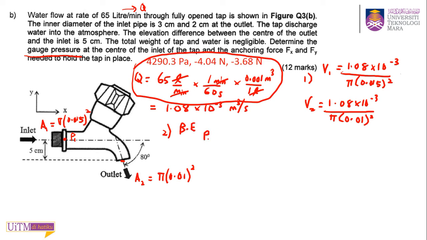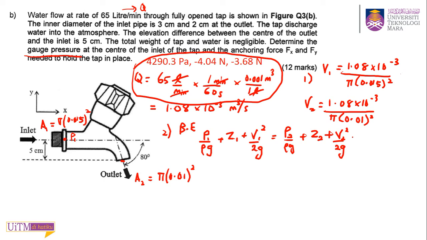Okay, P1 over rho G plus Z1 plus V1 squared over 2G equals P2 over rho G plus Z2 plus V2 squared over 2G.